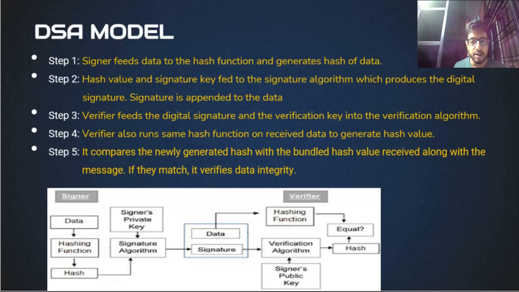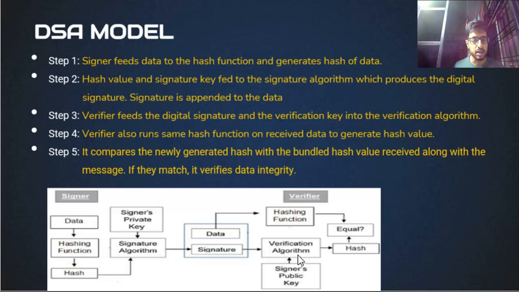Step 3 is verifier feeds the digital signature and the verification key, which is the public key, into the verification algorithm. The verification algorithm gives some value as output. So this bundle is sent to the receiver. Now the receiver will use a verification algorithm to verify whether the received message is authentic or not.